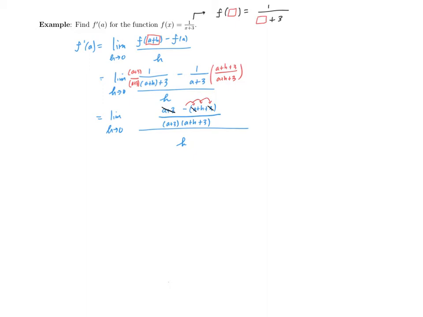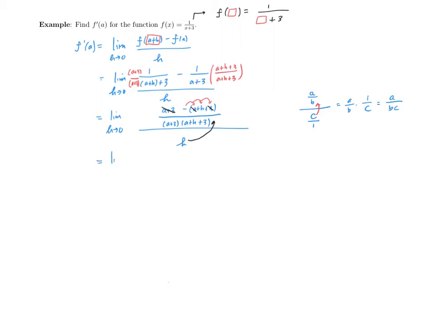Also, let me note, we can go ahead and take this h, which is in the bottom, and we can move that up a level and put it into the denominator of the fraction in the top. And if there's any confusion there, think of this as something like a fraction a over b divided by c. When we have this, you can simply bring that c up a level, because dividing by c is really multiplying by its reciprocal, 1 over c, and it gives you that a over bc.